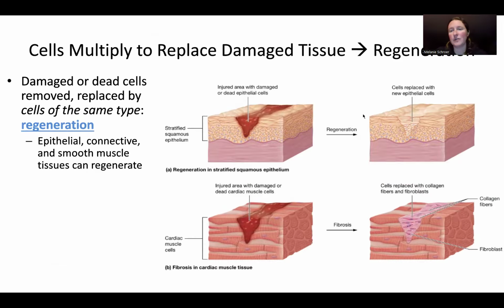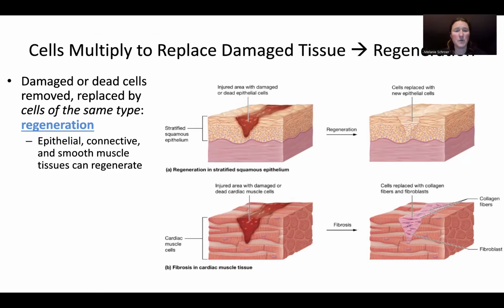And more or less, it looks about the same as it did before the injury. Of course, as I said before, it might have a little bit of a different color. It might have a scar afterwards, but generally, it's still the skin. And so this process is called regeneration, replacing damaged tissue with the same type of tissue.